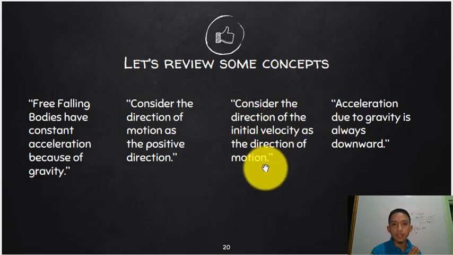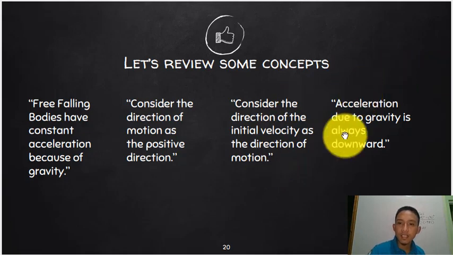The first movement or the first direction, that is your original direction of motion. It will only be affected by gravity. Either it will just go down and down, or since it is going up originally, it will now be brought down by gravity. So the original velocity dictates the direction of motion. And then acceleration due to gravity is always downward. Okay, of course, unless you have a gravity on top.